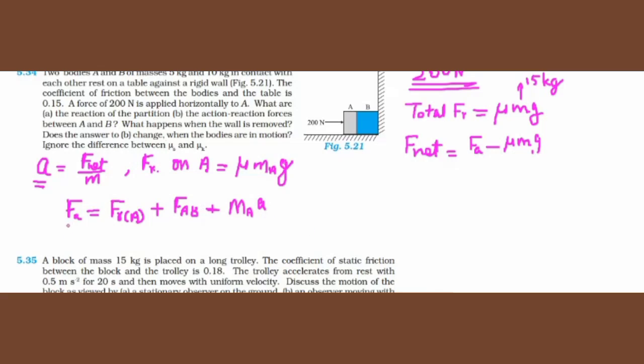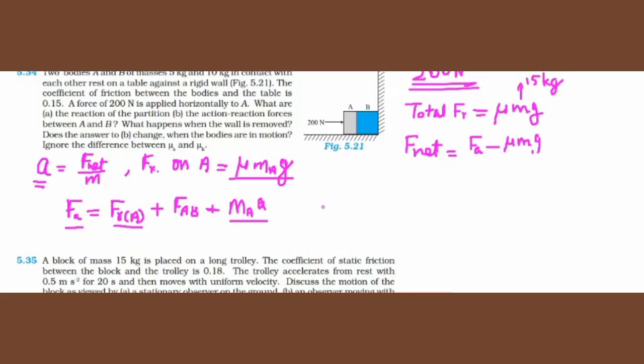So the applied force 200 Newton is used for three uses. What are the three uses? To overcome friction on A. At the same time, A gives a force on B, that is FAB, plus the net force for the motion, that is mass of A into acceleration A. Here, friction on A you know, acceleration you know, applied force Fa you know, then mass and acceleration of A you know.